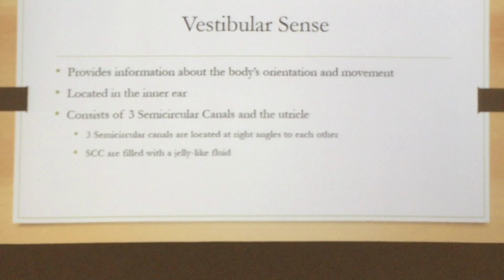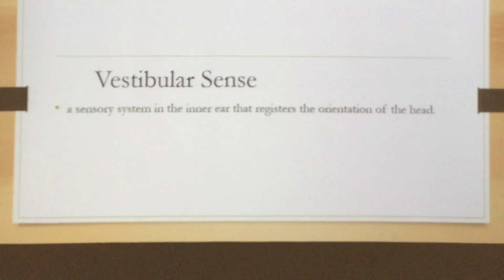Now, the utricle and the semicircular canals, they are all filled with a jelly-like fluid. Now, the vestibular sense is a sensory system in the inner ear that registers the orientation of the head.